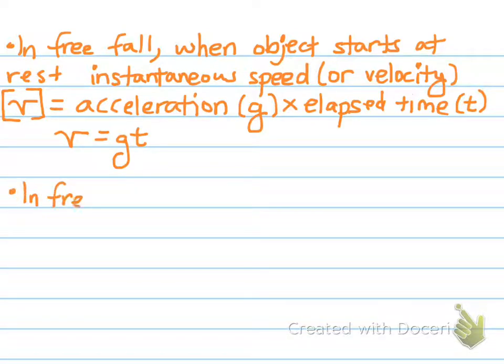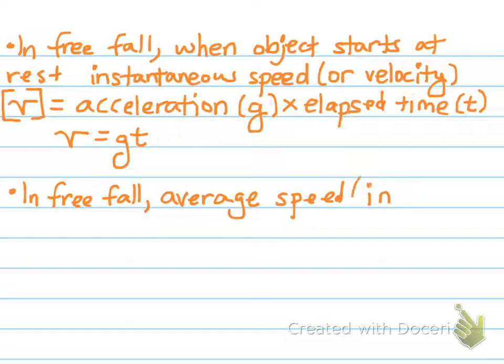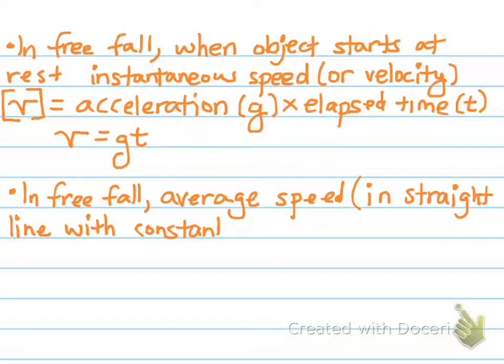Also in free fall, if we're asked to figure out the average speed, that's a little bit different. If we're asked about the average speed, it's going to be in a straight line with constant or steady acceleration.